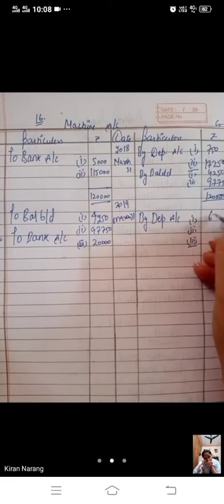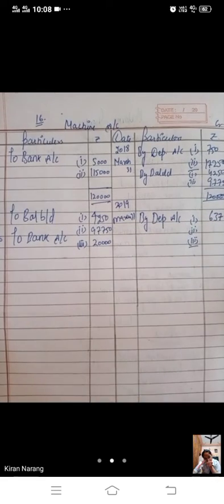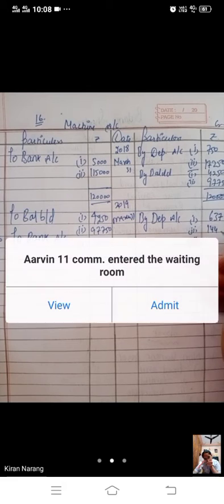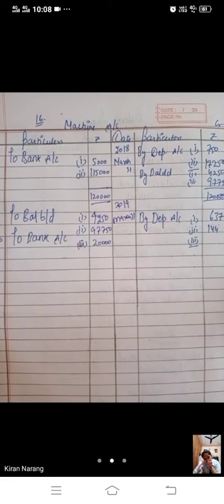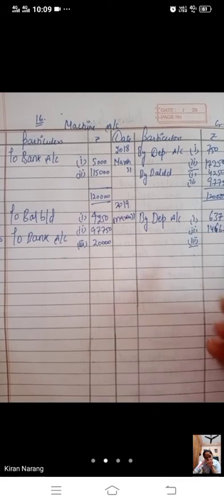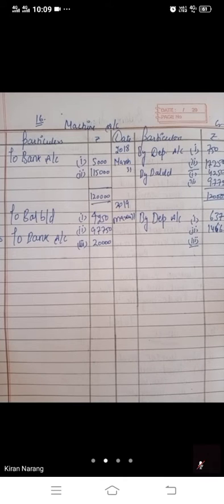It will be 637.5, or we can also write 638. Then the second, remaining 97,750, and 15% of it will be 14,662.5. So this is the depreciation for the first and second machine.